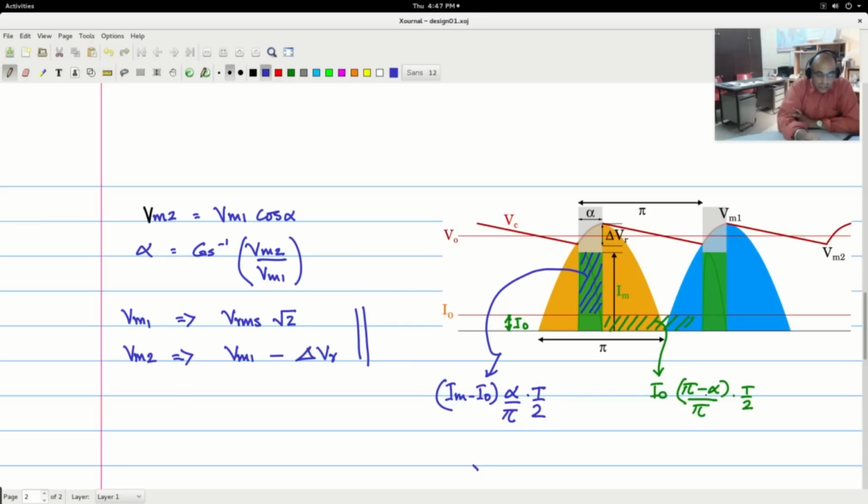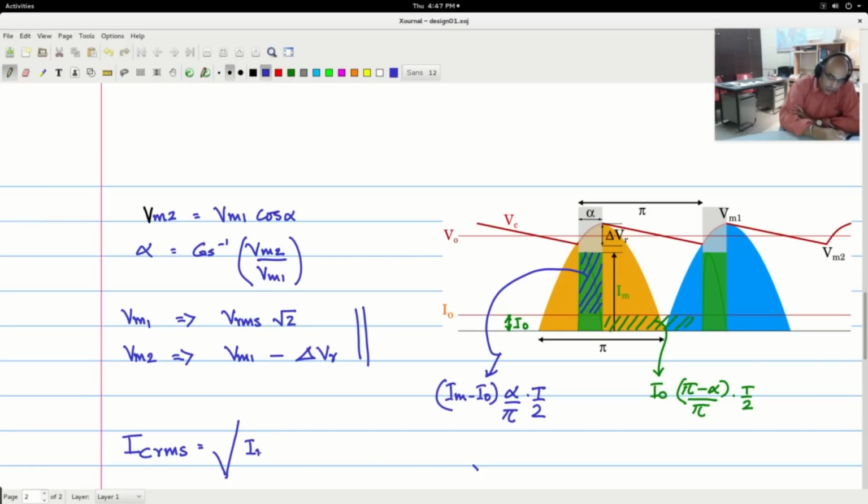So this T by 2 is added so that this is the charge and this is the charge. So if you remove the T by 2, just to find out the RMS value of the current, so I C RMS is root mean square.